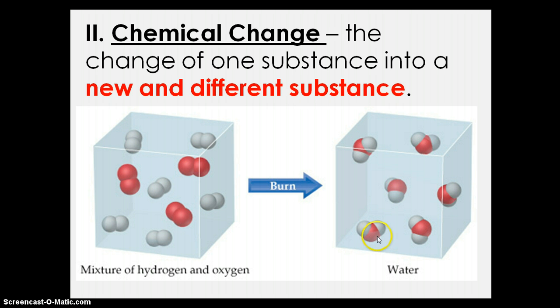And each one has 2 H's, 2 hydrogens, and 1 oxygen atom stuck together. This Mickey Mouse molecule is different from this one over here, which is just oxygen by itself and hydrogen by itself. You cannot breathe this red oxygen from water. You would suffocate if you tried to do that. So it's different. It's a chemical change.